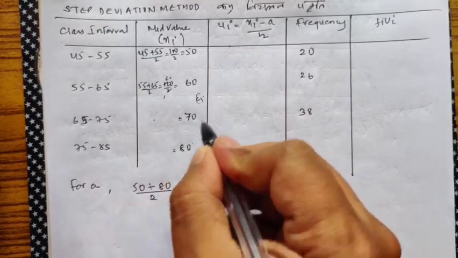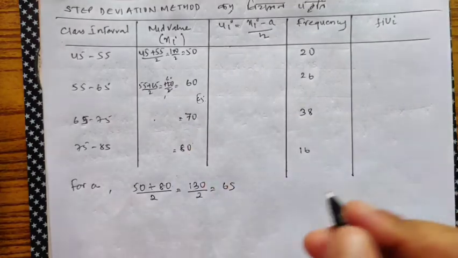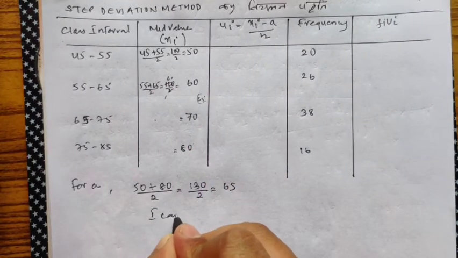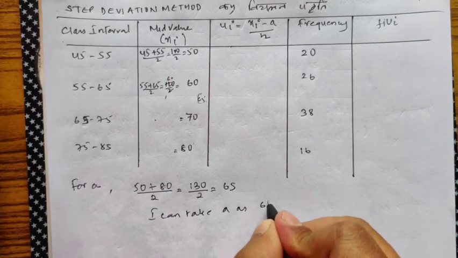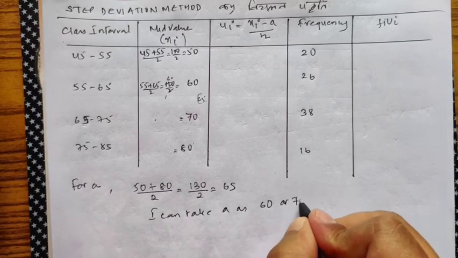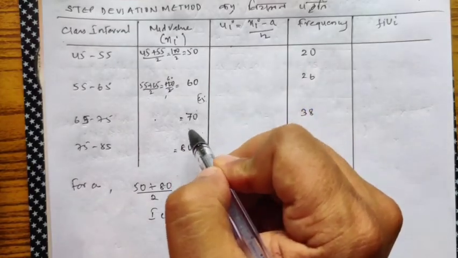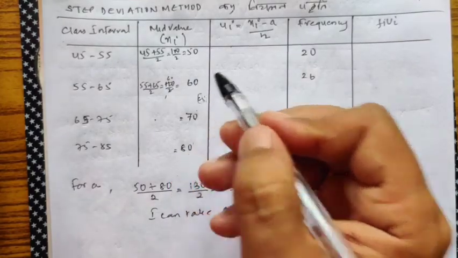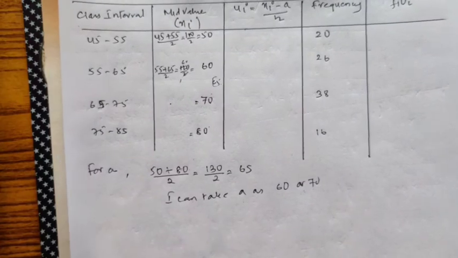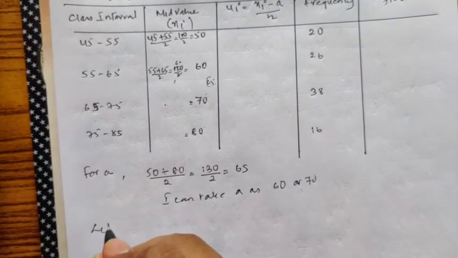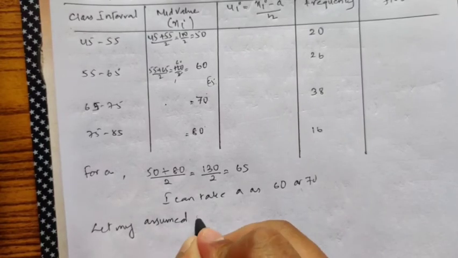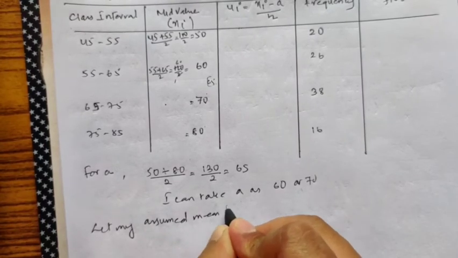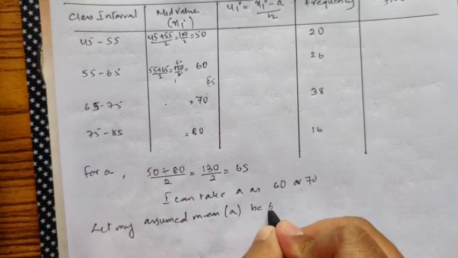So I can take a as 60 or 70. You can take 60 or 70. Last time I took 70, so let's take 60 as a this time. You need to write, let my assumed mean a be 60.